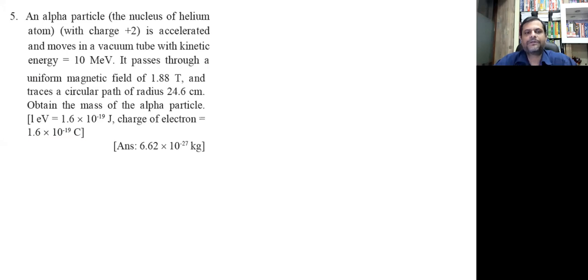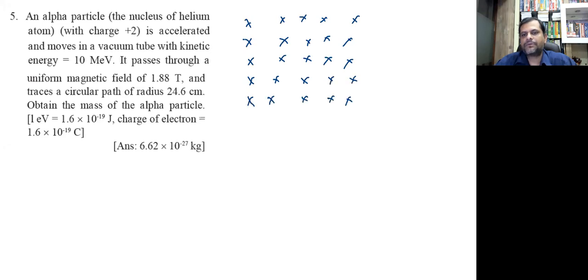See here, whenever a charged particle enters into a magnetic field, we have already seen this situation in the theory. Suppose there is a magnetic field directed inwards into the plane of this diagram, and a charged particle Q just enters into this magnetic field.